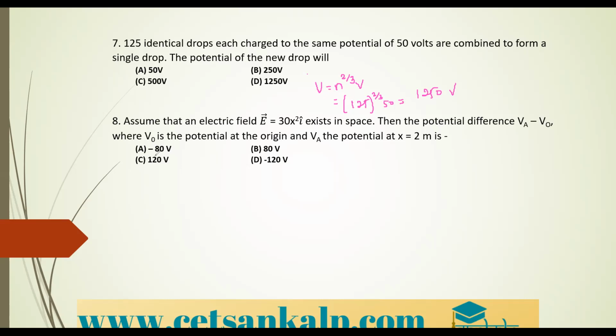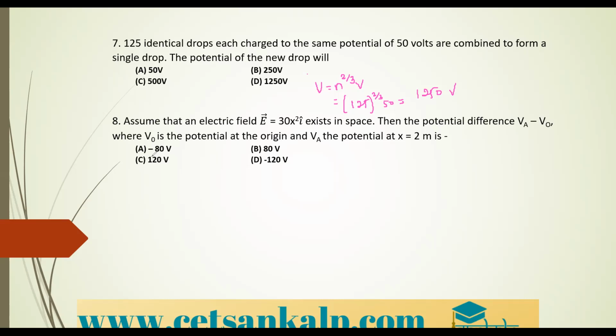Our next question is, assume that an electric field E is equal to 30x square into i cap exists in space. Then calculate the potential difference VA minus V0, where V0 is the potential at the origin and VA is the potential at x is equal to 2 meter.